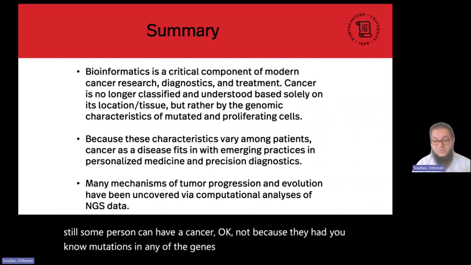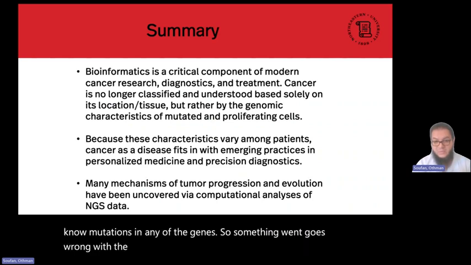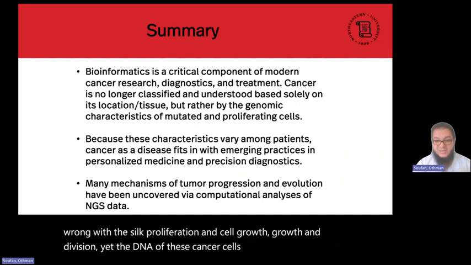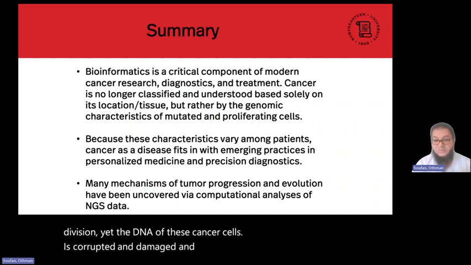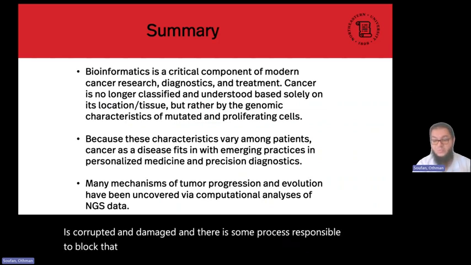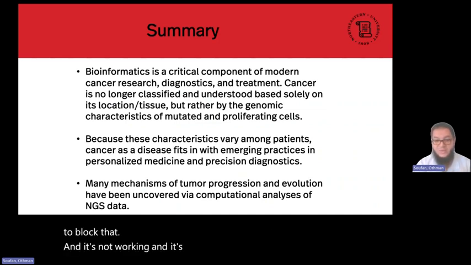So something goes wrong with cell proliferation, cell growth and division. Yet the DNA of these cancer cells is corrupted and damaged, and there is some process responsible for blocking that, and it's not working in its best way.